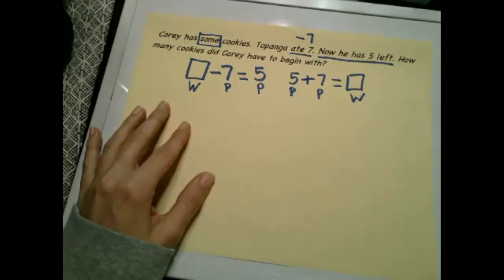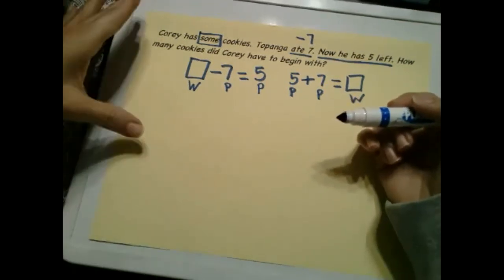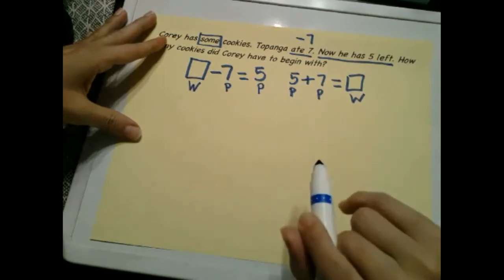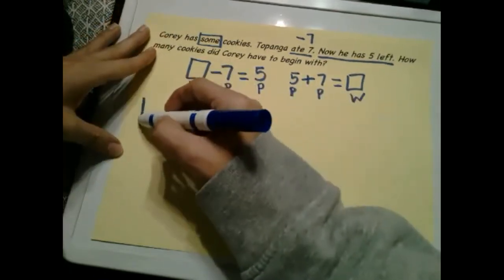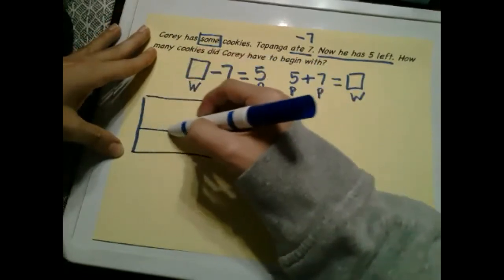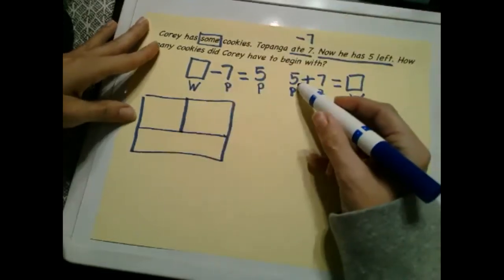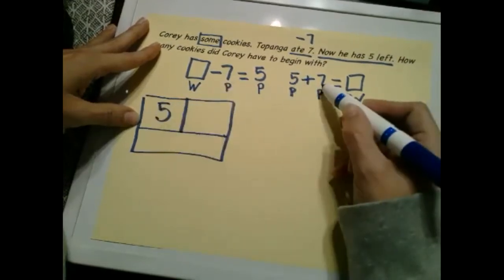Wow, I heard a lot of great thinking. So one way that we could always start with is a part-part whole since we are trying to figure out what that might be. So I'm going to start off using a part-part whole. I know one of my parts is a 5. I know the other part is a 7.